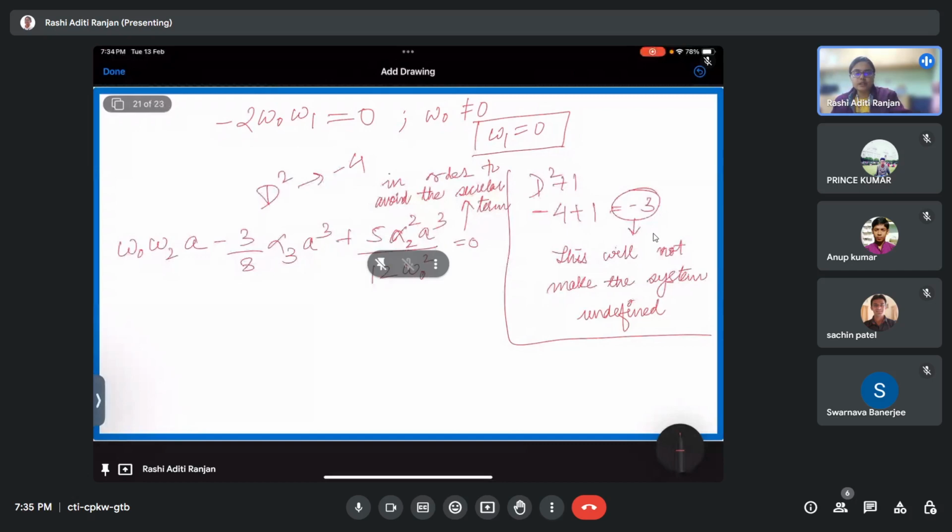Okay, are you able to see my screen? I guess my screen got frozen. Can you see what I am writing?